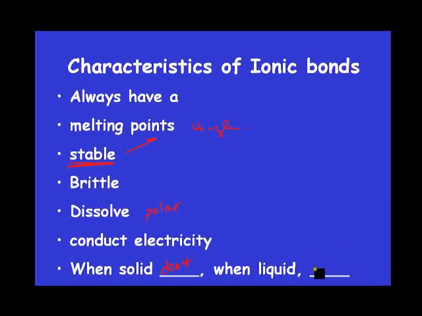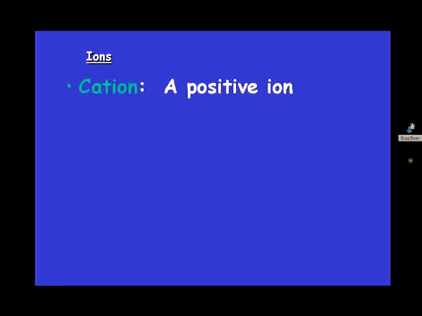But if we liquefy them, they do. And this is referring back to that conducting of electricity. Ions, like we said before, are made up of cations, which is the positive ions. These are examples like we saw earlier with lithium or sodium in our sodium chloride. Examples of this would be like sodium with that +1 charge.